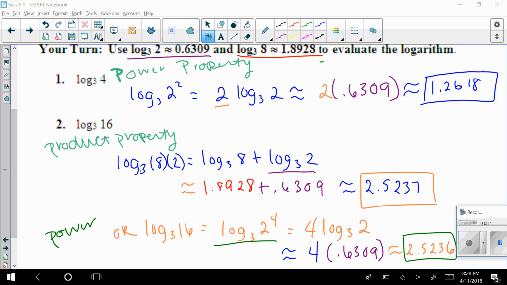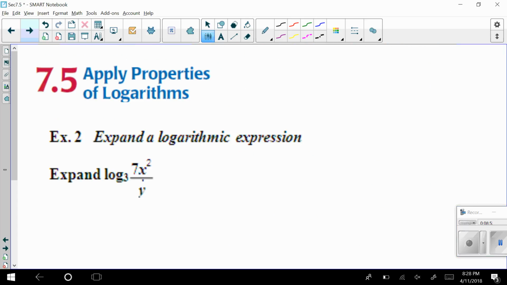Okay, so using these properties of logarithms, we're going to look at expanding some of these logarithmic functions. So we're going to still apply the same properties that we just looked at, either the product, the quotient, or the power properties. So here we're going to expand log base 3 of 7x squared divided by y.